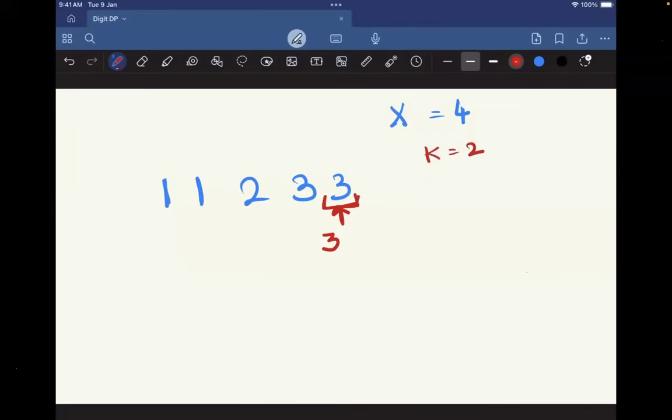Do you agree that after my health becomes 3, if I do my 3 into 2 option, then my health will become 6. And now that my health becomes 6, if I don't erase or do anything from my array, I still return here. Yes or no, guys?